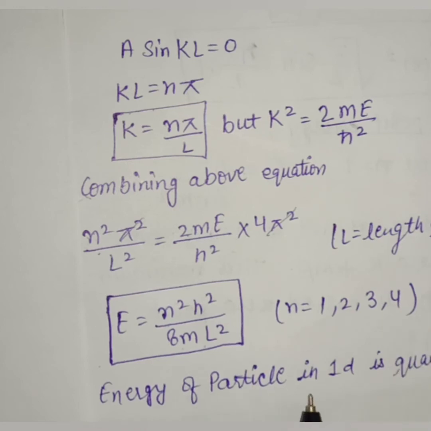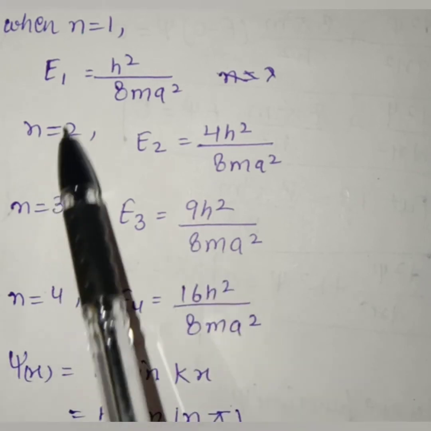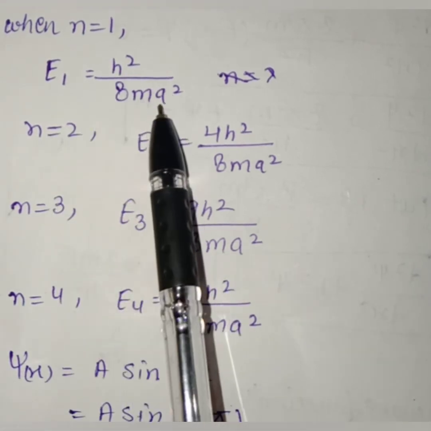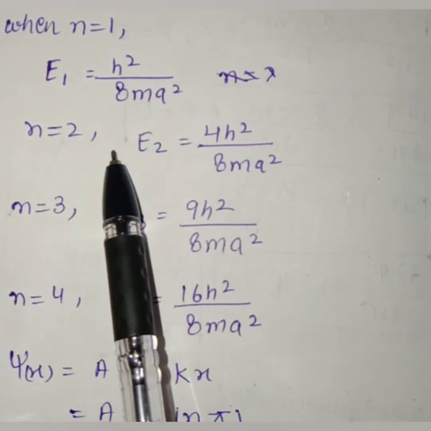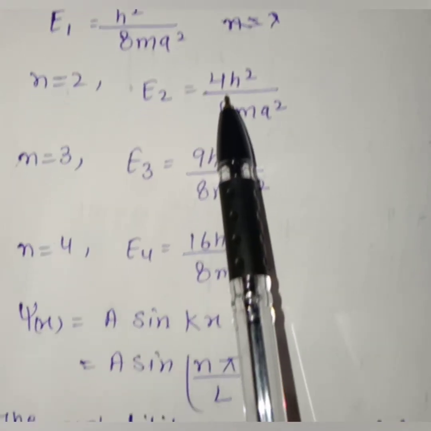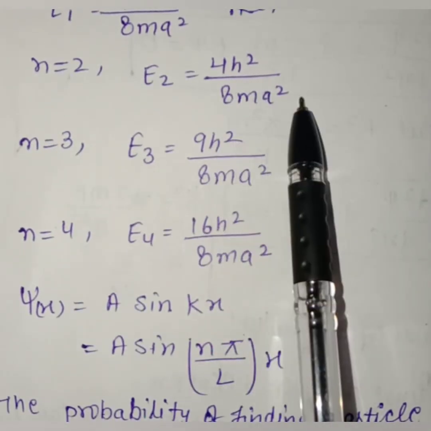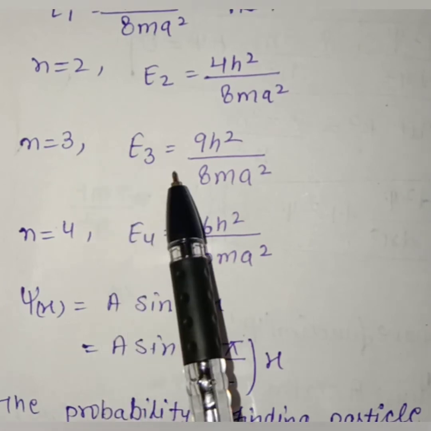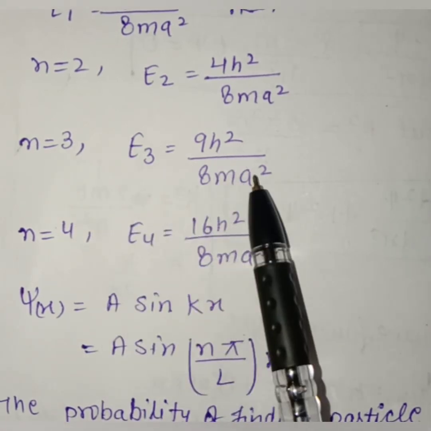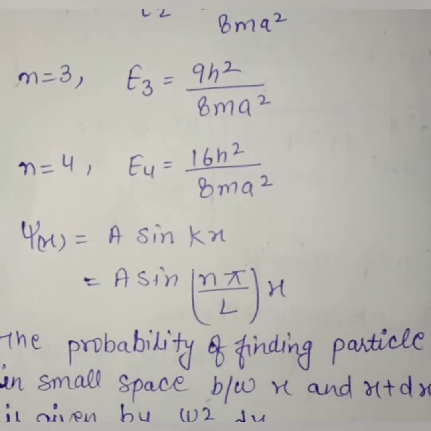Energy of a 1D particle is quantized. This is shown by: when n equals 1, E1 equals h square by 8mL square. When n is 2, E2 equals 4h square by 8mL square. When n equals 3, E3 equals 9h square by 8mL square, and so on.